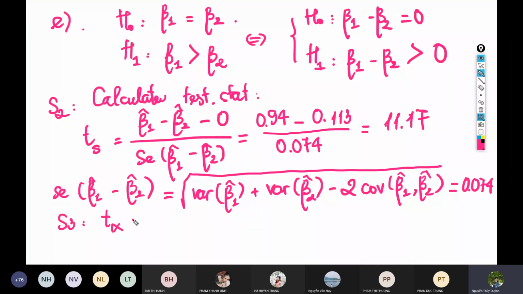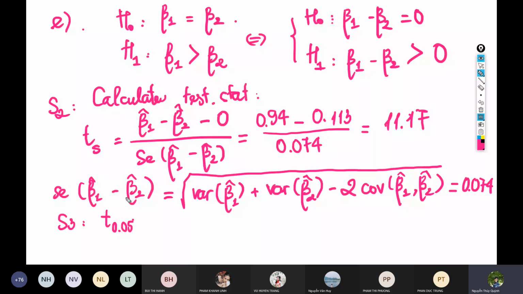So we have t alpha, which is 0.05. What is the degree of freedom? 530. Okay, 530.